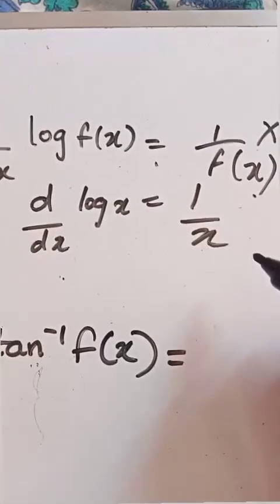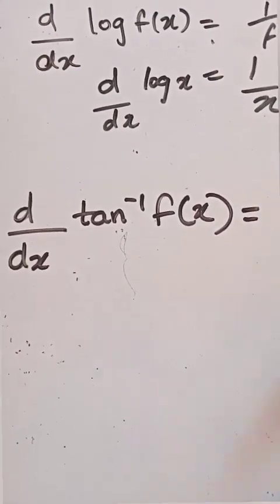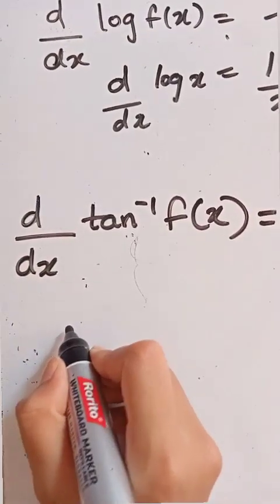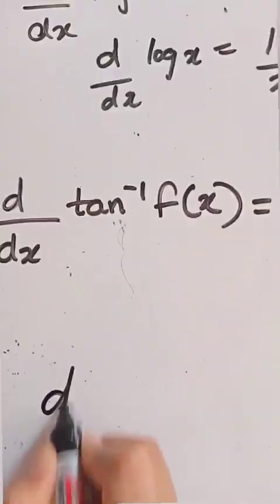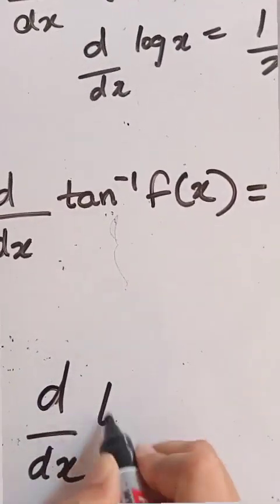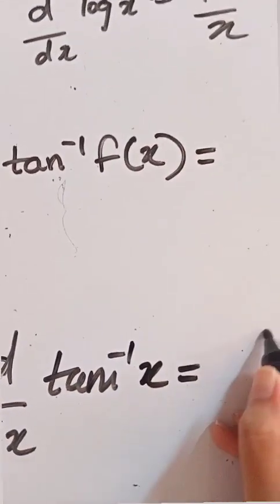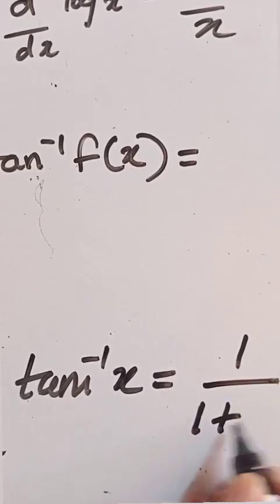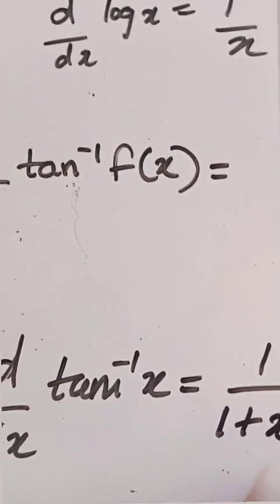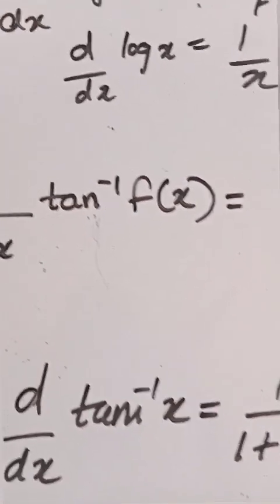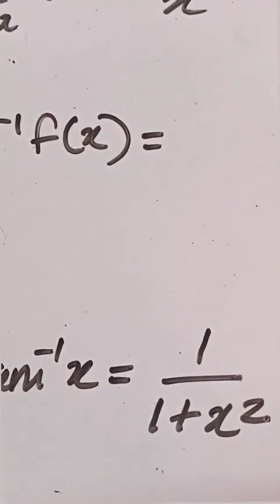Next one, d by dx of tan inverse f of x. So it will be equal to, before that we know that d by dx of tan inverse x is equal to 1 by 1 plus x square. Is it right? Yes. So 1 by 1 plus x square.